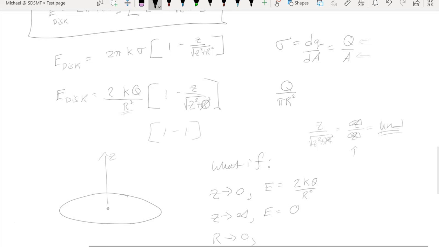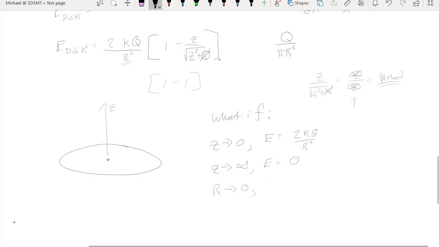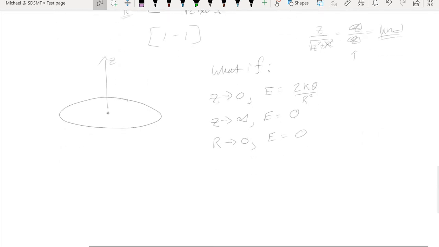And if you have a disk of surface area 0, then you don't have room for any charge on it, which means no charge, no field. So I'm going to say that the electric field in that case is 0.